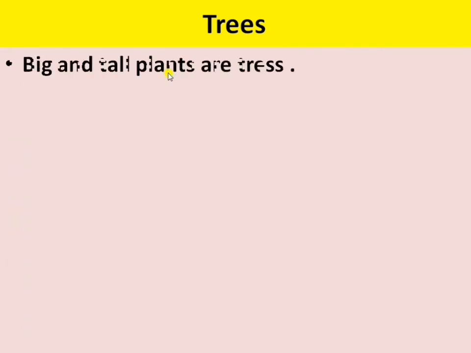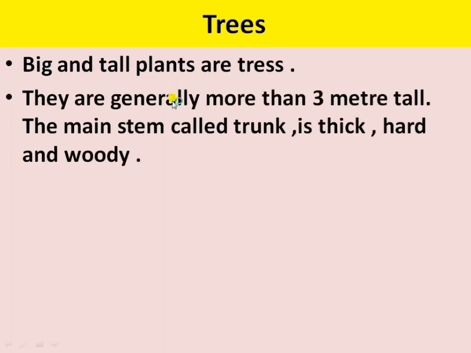Moving on, the third topic of this video lecture is trees. Big and tall plants are trees. They are generally more than 3 meters tall. The main stem, called the trunk, is thick, hard and woody.